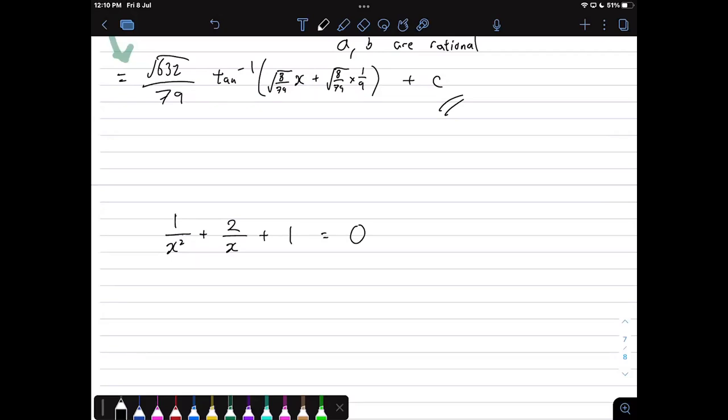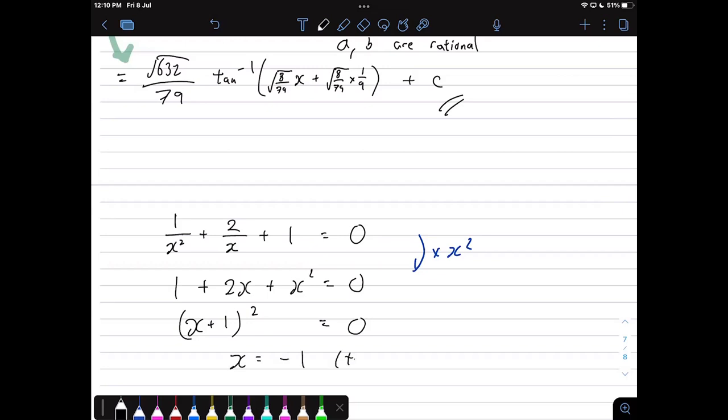How do you solve this equation? One way is to multiply by x squared throughout. Then you'll be left with 1 plus 2x plus x squared. Then you can factorize, you get x plus 1 bracket squared, then x equals -1 twice.